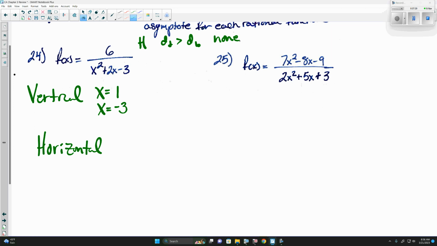When the degree of the top is equal to the degree of the bottom, it is leading coefficient over leading coefficient. And when the degree of the top is less than the degree of the bottom, it's our y equals 0. Well, here the degree of the top is 0, the degree of the bottom is 2, so the horizontal asymptote is y equals 0.